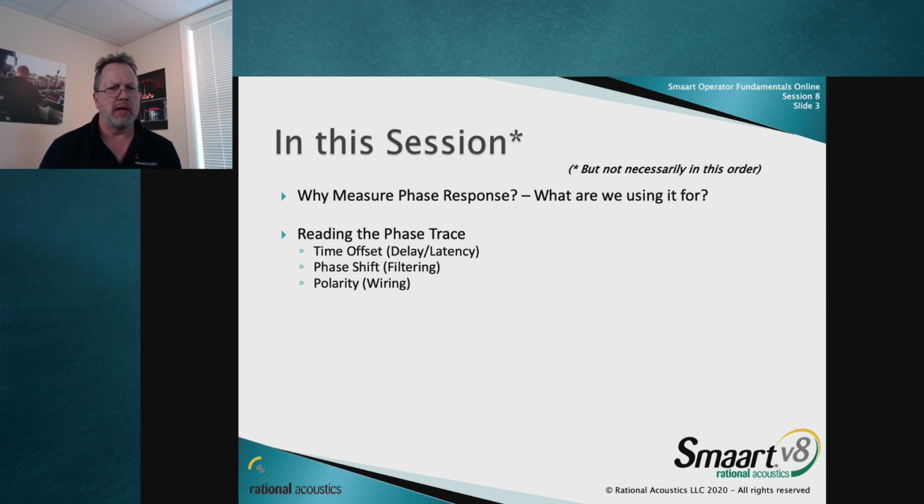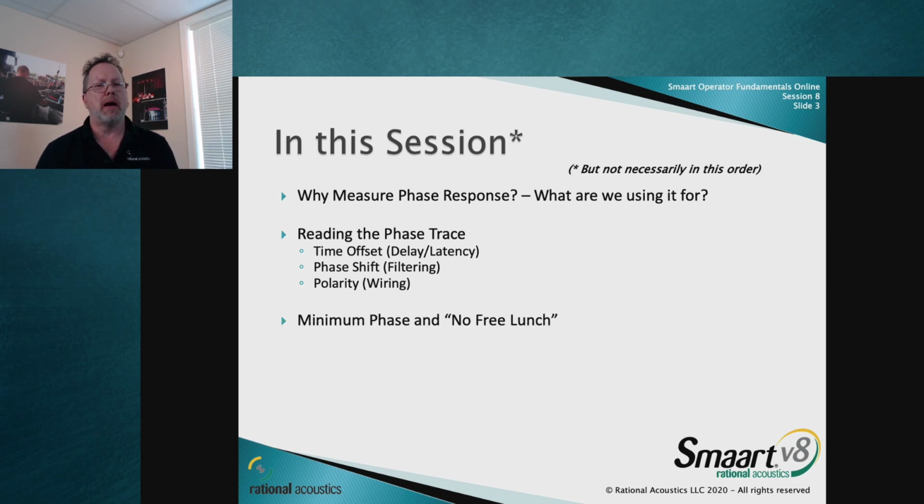Next session, we're going to get into more complex phase responses, phase shift, and measuring polarity as well. We'll see a little indication of it in today's, but mostly that's going to be in session 2. So yes, when you start asking questions about stuff that's going to be covered in the second half of the session, we are going to put you on hold and say, come on back.